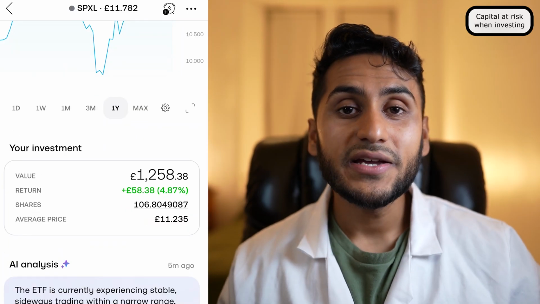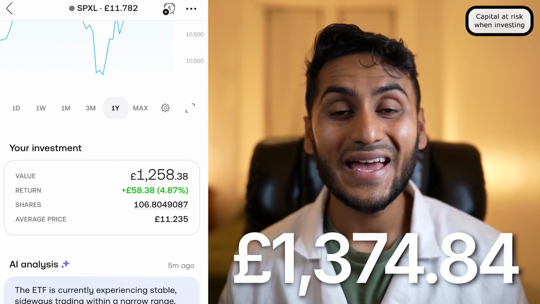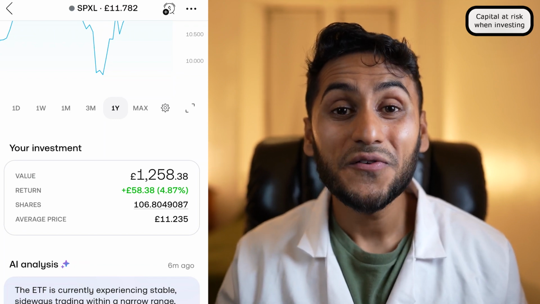So currently my total is £1,258.38. Instead, if I had lump summed, my shares would now have been worth £1,374.84. That is a difference of £116.46. Now essentially that's 11 to 12 extra days worth of daily deposits for free had we done the lump sum.